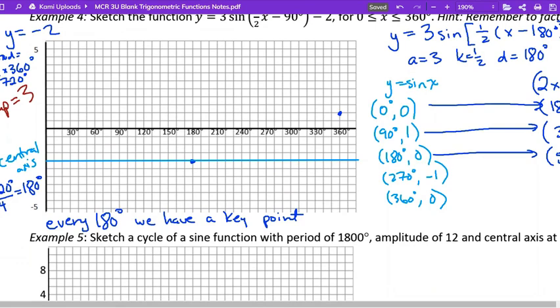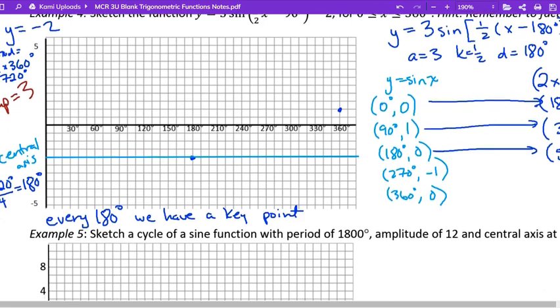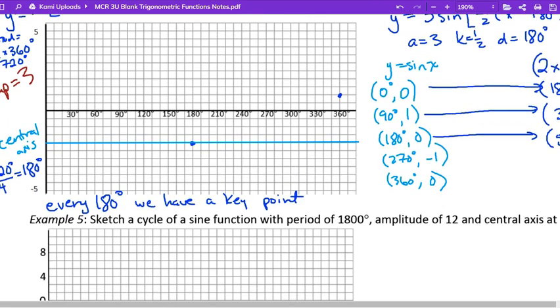We are going to use all this information to find the point that would happen before 180 degrees. All right, so let's walk through this. First of all, if the central axis is y equals -2 and the amplitude is 3, how low will the next point go? -5, right? So I know somewhere along this line, I'm going to get a point.